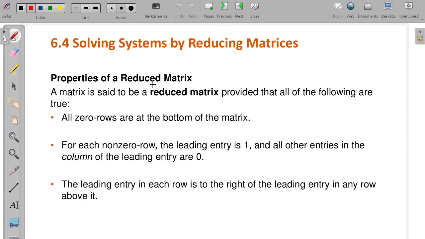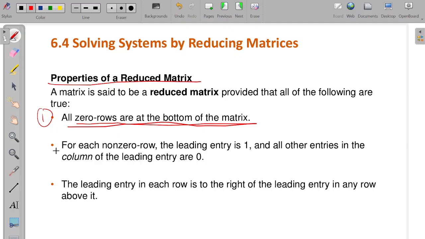And how do we know a reduced matrix? Number 1, all the zero rows are at the bottom of the matrix. If they are all zeros, they must be at the bottom.